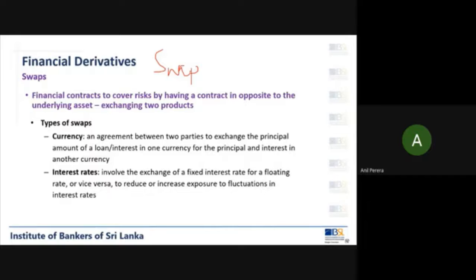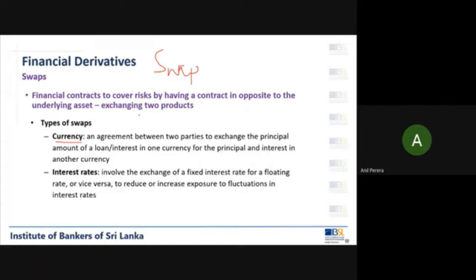Those are the major or very common swaps that we observe. Okay. Mostly we observe currency swaps in the markets, especially banks, governments use these currency swaps.